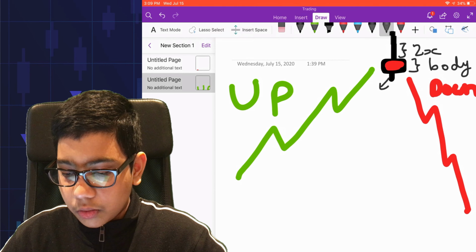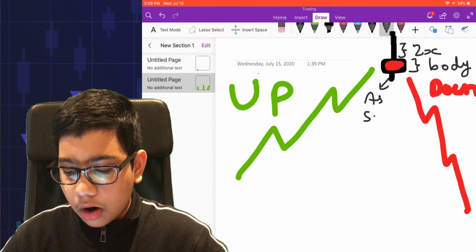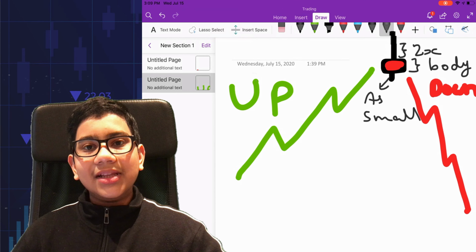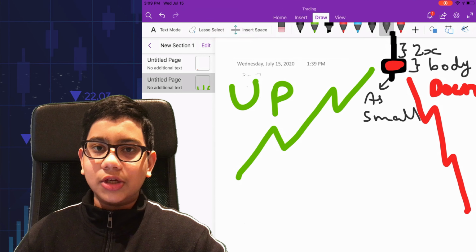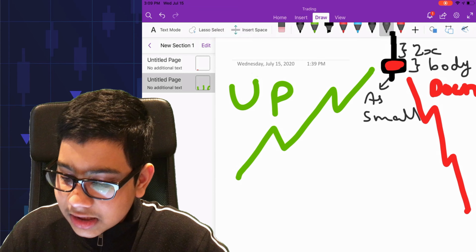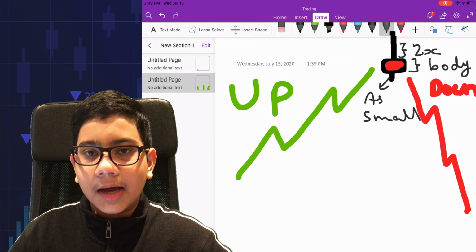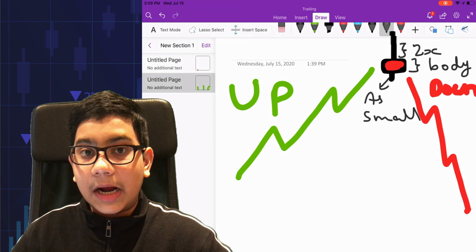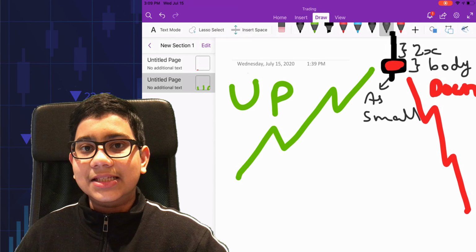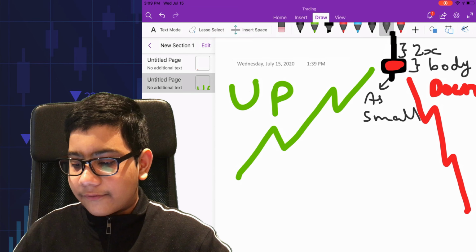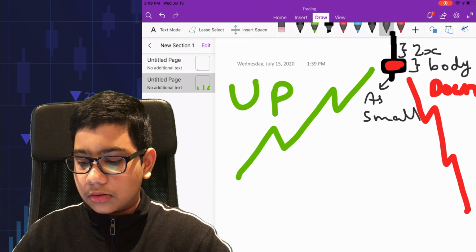And now the lower wick should be as small as possible. So what's the theory behind a shooting star? A shooting star says that even though the buyers push the price up, the sellers manage to get the price back down, showing that there's a selling pressure in the market, and therefore there's signs of a reversal.